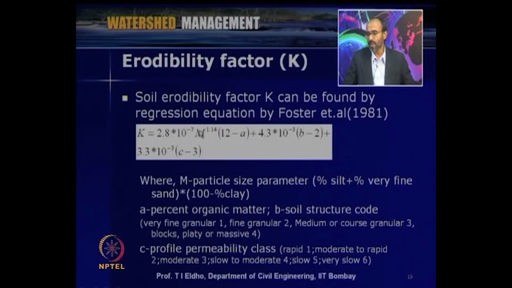K is equal to 2.8 into 10 to the power minus 7 into m to the power 1.14 into 12 minus a, plus 4.3 into 10 to the power minus 3 into b minus 2, plus 3.3 into 10 to the power minus 3 into c minus 3, where m is the particle size parameter, like percentage of silt plus percentage of very fine sand into 100 minus percentage of clay, and a is percentage organic matter, b is the soil structure code, say like very fine granular it can be 1, fine granular 2, medium or coarse granular 3, then blocky, platy or massive it can be 4, and here c is the profile permeability class, like for rapid profile 1, moderate to rapid 2, moderate 3, slow to moderate 4, slow 5, very slow 6.